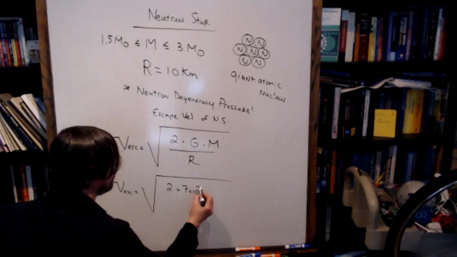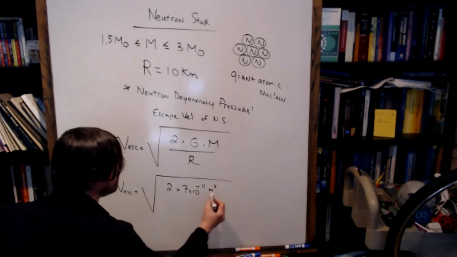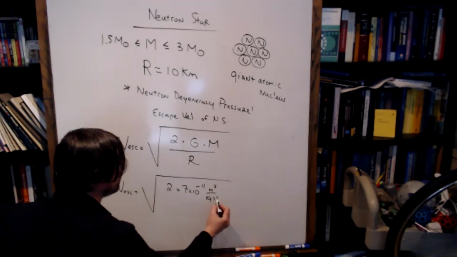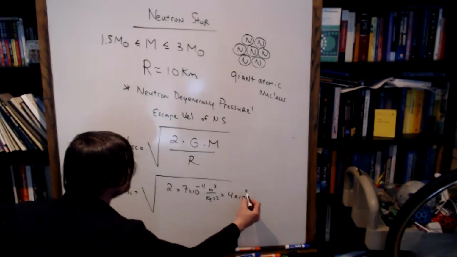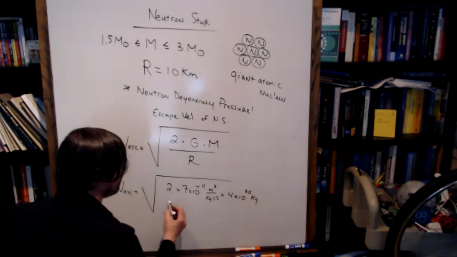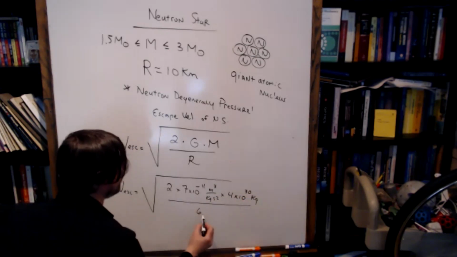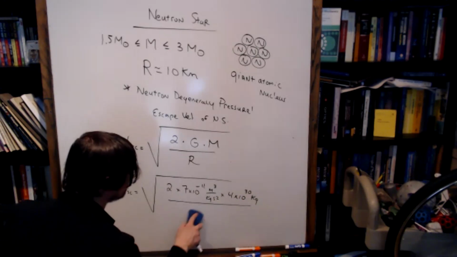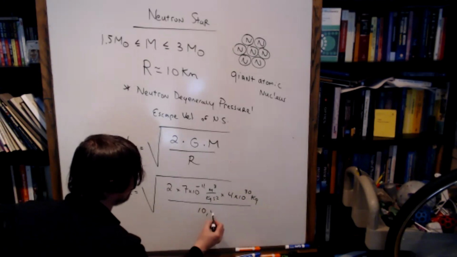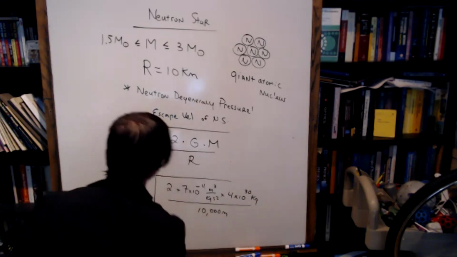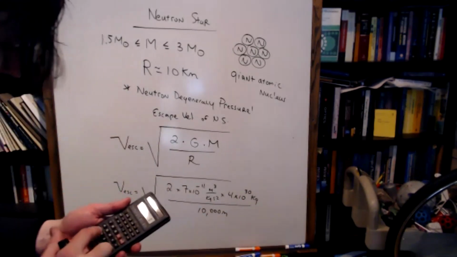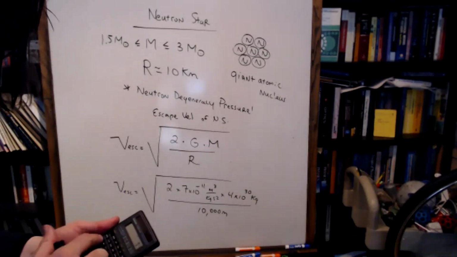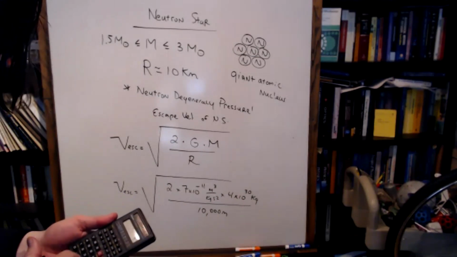Big G is 6.7 times 10 to the minus 11 meters cubed per kilogram per second squared. 2 solar masses is 4 times 10 to the 30 kilograms. And we'll divide it by, well, 10 kilometers is 10,000 meters, right? What do you get if you punch that into your calculator? 5.6 times 10 to the 16th.